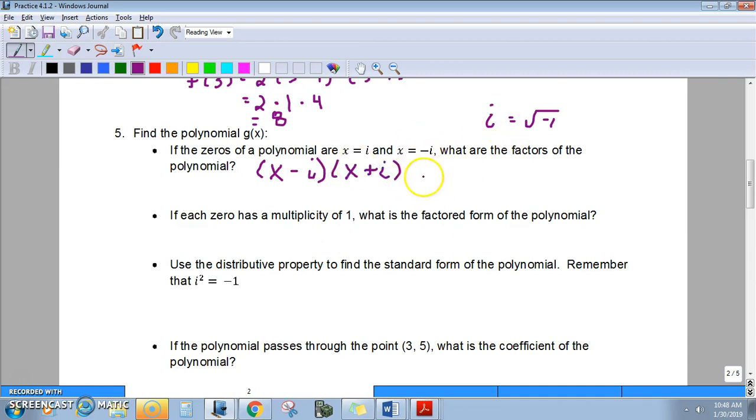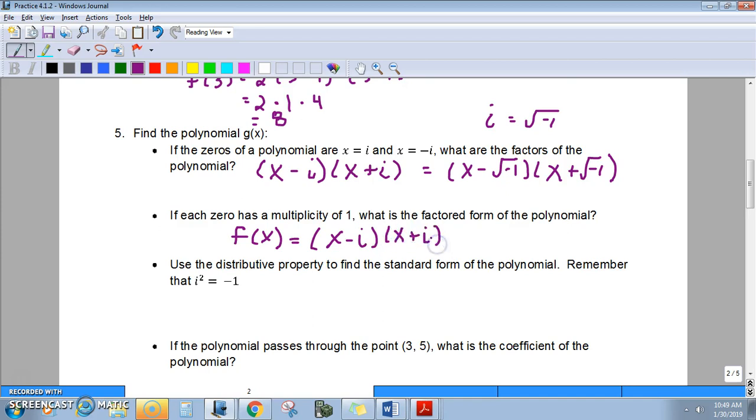If it makes more sense, you could also do x minus the square root of negative 1 times x plus the square root of negative 1. We'll get the same answer. If each zero has a multiplicity of 1, it's just going to be exactly like I just wrote it: (x minus i)(x plus i).